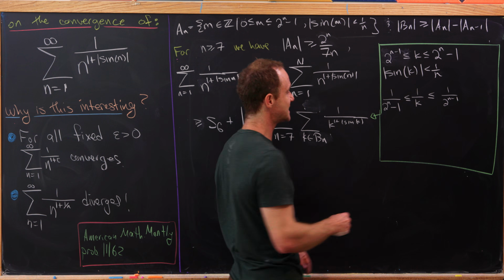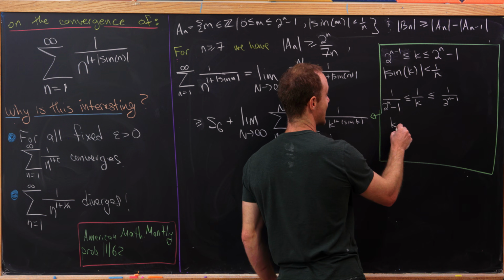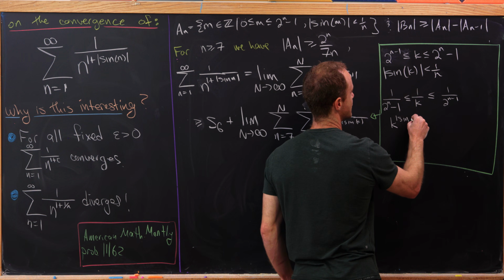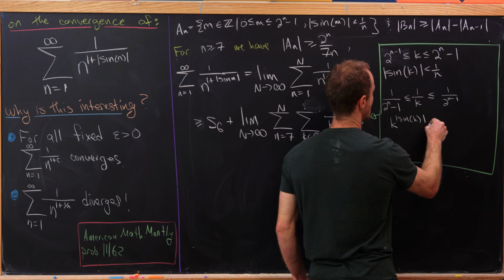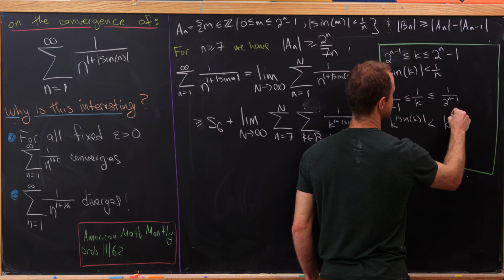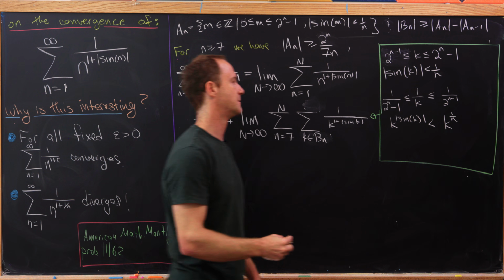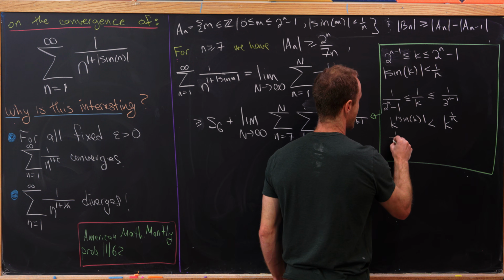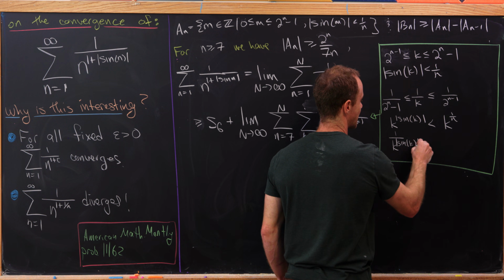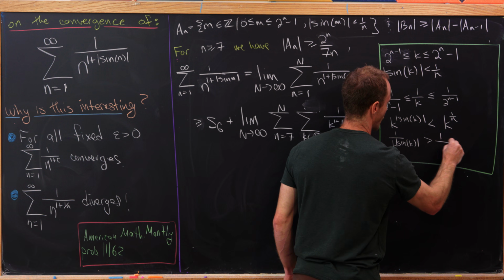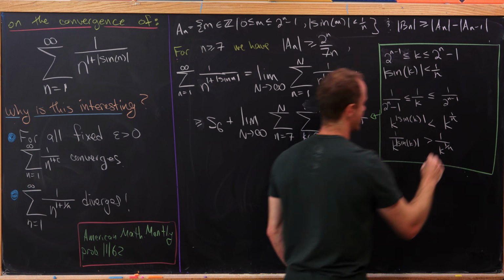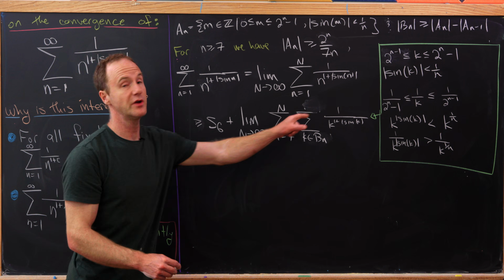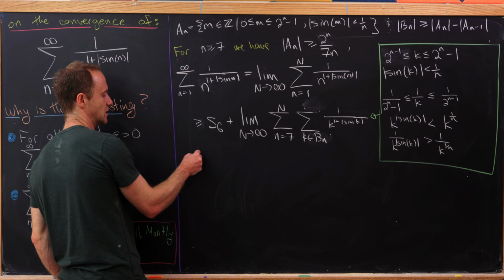But then by this inequality, we know that k to the power absolute value of sine of k will be less than k to the power 1 over n. But then taking the reciprocal of that, we know that 1 over k to the absolute value of sine of k will be bigger than 1 over k to the 1 over n. But now putting all this together, we're able to bound this below quite nicely.